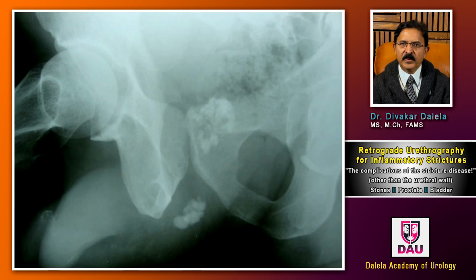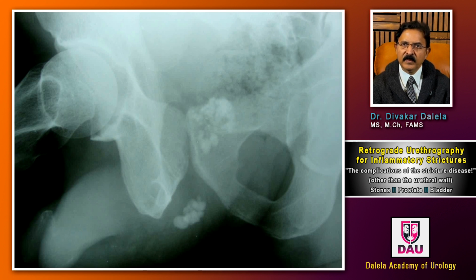And if the patient shows you his plain film like this, you will notice that there are lots of radiopaque shadows in urethra proximal to stricture, I mean in the bulbar urethral lumen, and you have lots of radiopaque shadows in the prostate. So what are these things?